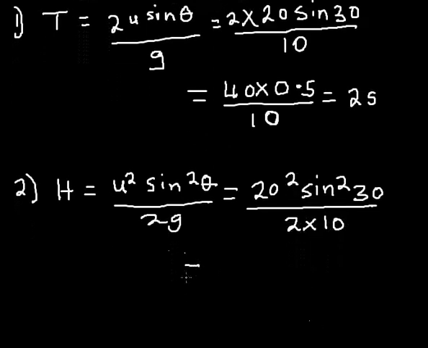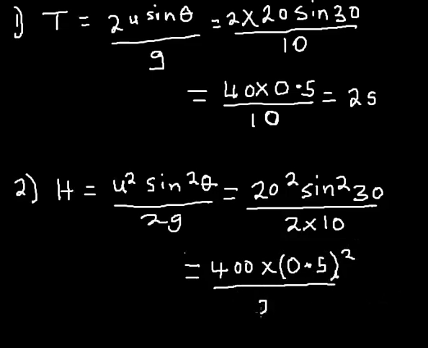So of course 20 square is 400. Sine 30 is 0.5. Then you have to square sine 30, so that's going to be 0.5 square. Then divided by 20.